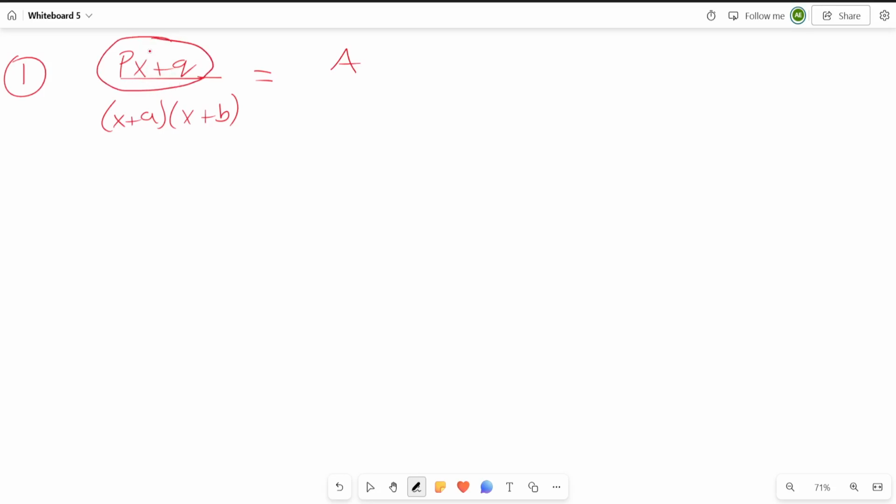It doesn't matter if this is a degree of 1 or degree of 0, as long as it's a degree that is lower than the denominator degree, then you can use what I'm telling you right now. So this is very similar to the question that we've done. So you can rewrite this as a over the first linear term plus b over the second linear term, okay?